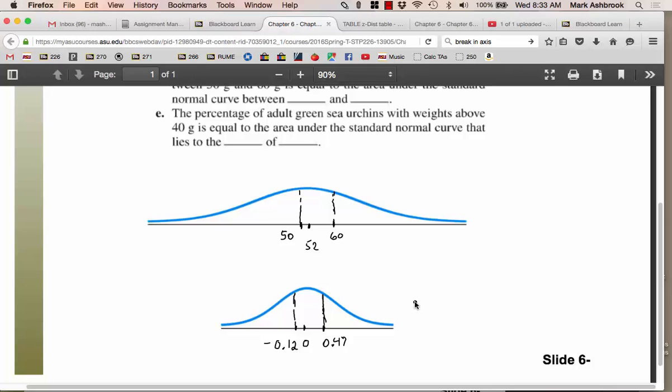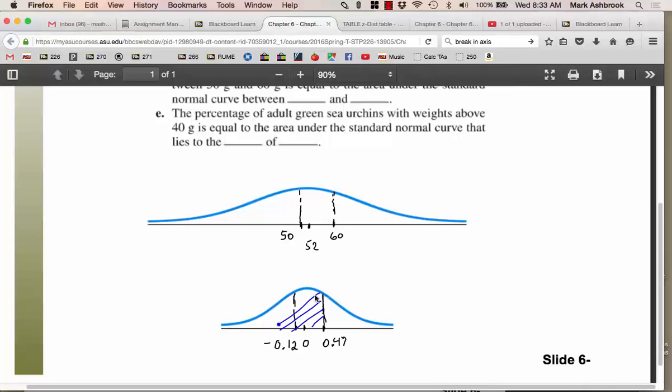I just subtracted the percentages that we found, since you had to find the area. So it was 0.6808, and you subtract 0.4522.